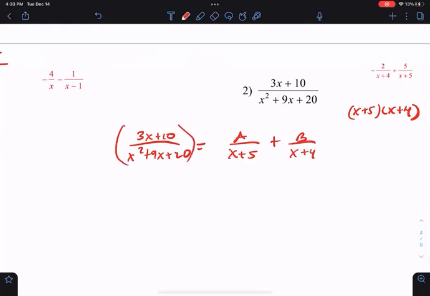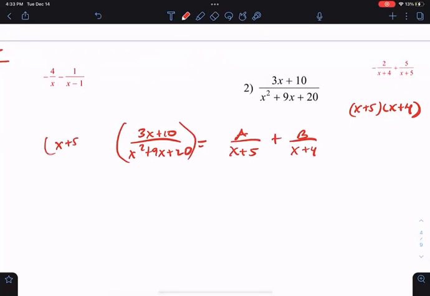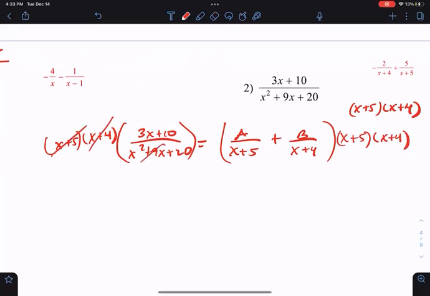Multiply both sides by this expression, and we get this. This cancels with that, right? 3x plus 10 equals a times x plus 4 plus b times x plus 5.